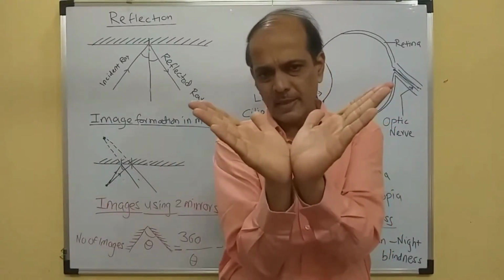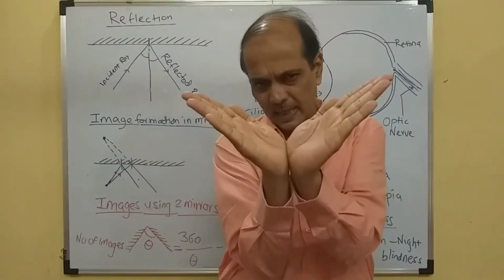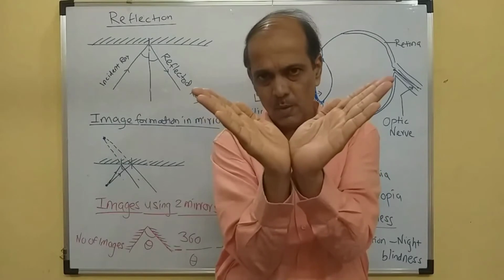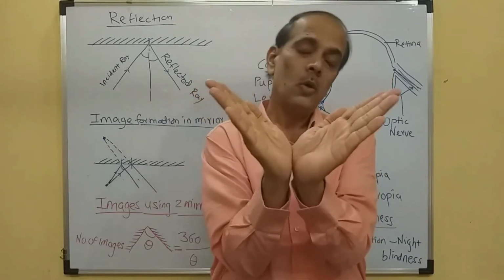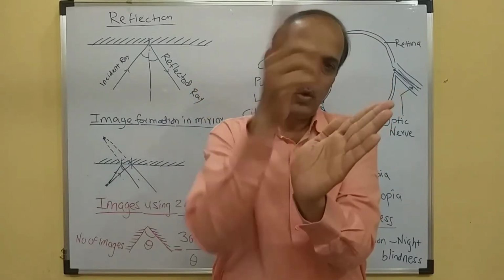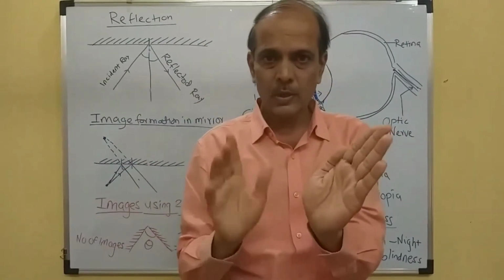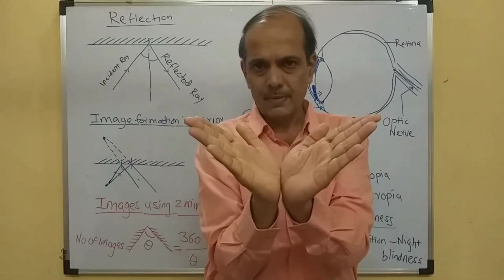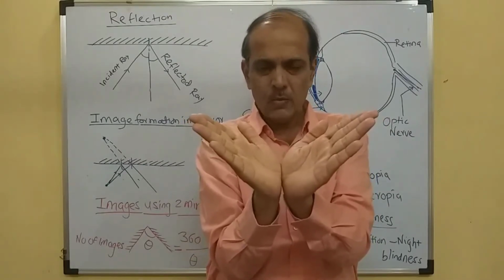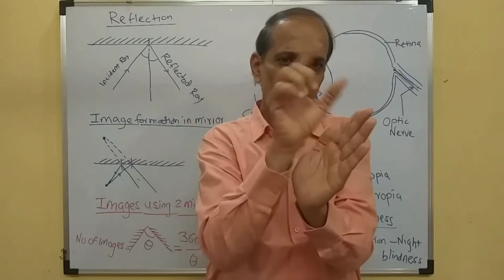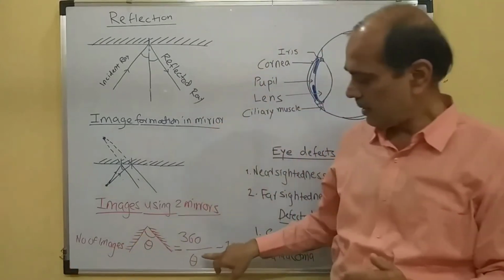Right now I am making, say, a tentative angle of 90 degrees between them with two palms. The total number of degrees, if I make a circle of it, would be 360. You know that. This is 90. So what you should do is divide 360 by 90.